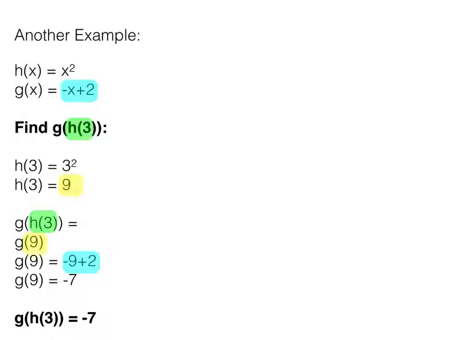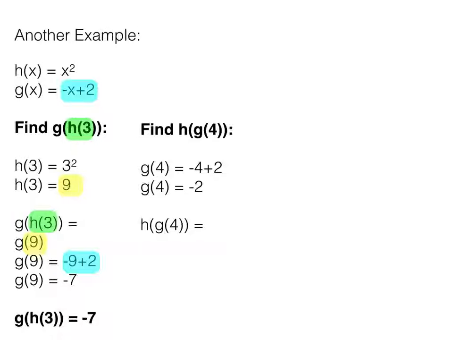We could also go the other way, and find h of g of 4, for example. So first we have to find g of 4. I'm using g of x as negative x plus 2. g of 4 is equal to negative 4 plus 2. So g of 4 is negative 2. So now we need to find h of g of 4.